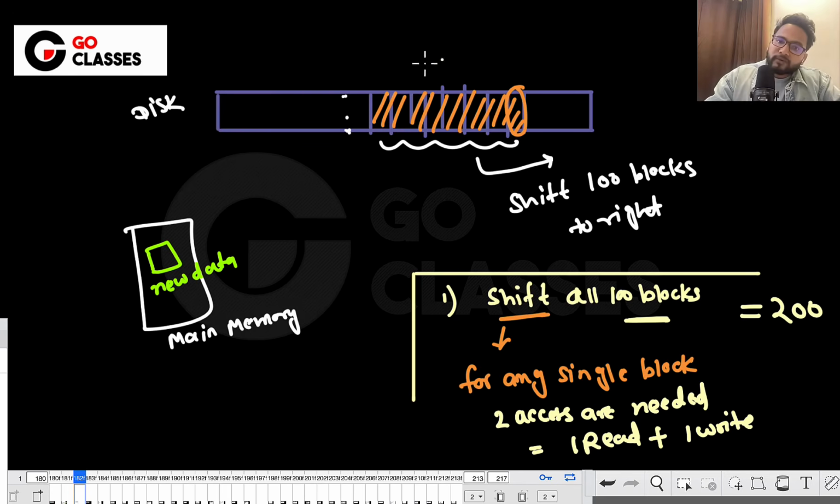So the first action is to shift, and once it is shifted, you just have to write the new data here, right? You don't have to read this new data.